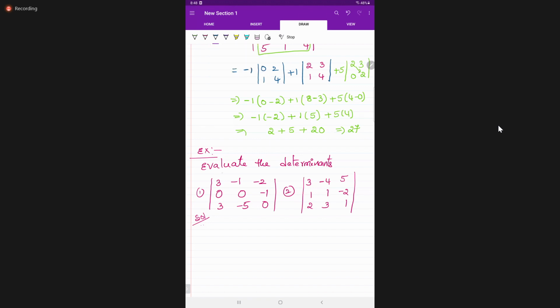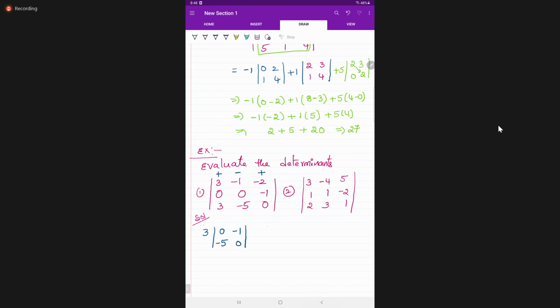Plus, minus, plus, minus, plus, plus. Okay, so 3 into, delete the first column. Tell me the remaining elements. Write them in the 2 by 2 determinant: 0, 0, minus 5, 0. Very good. Next, minus 1.